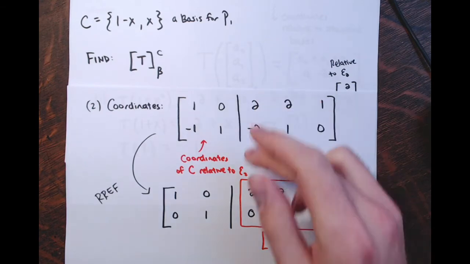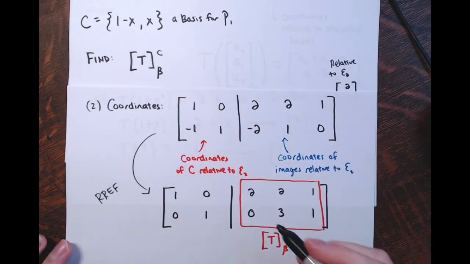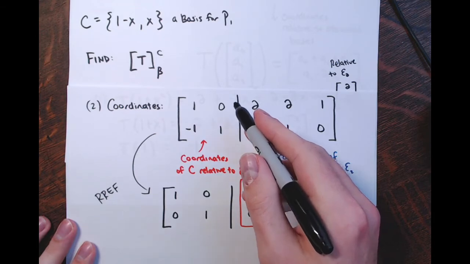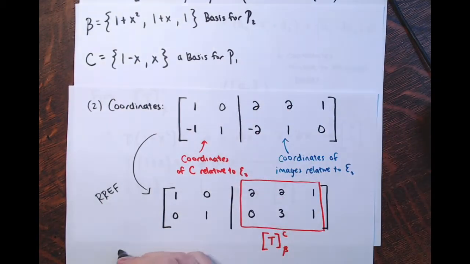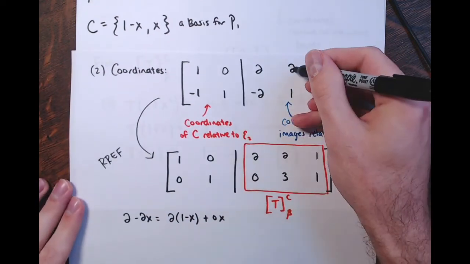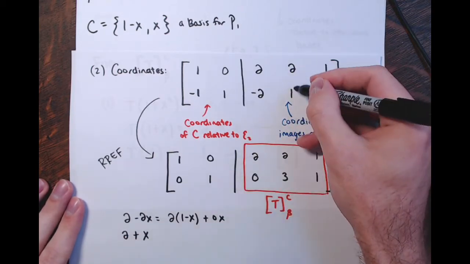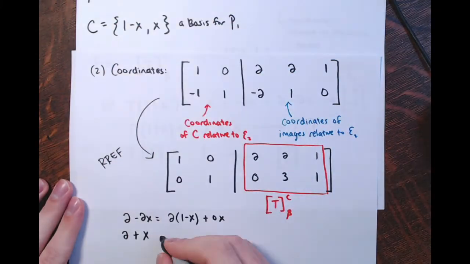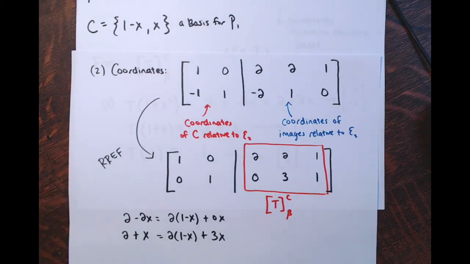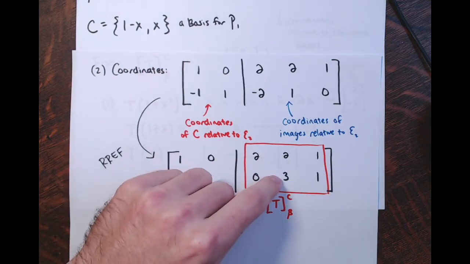And let me show you that these actually work here. These are the coordinates of this relative to C. So do you see that 2 minus 2x is equal to 2 times 1 minus x plus 0 times x, right? Which is clearly true. Then this column here, 2 plus x is 2 times 1 minus x plus 3 times x.